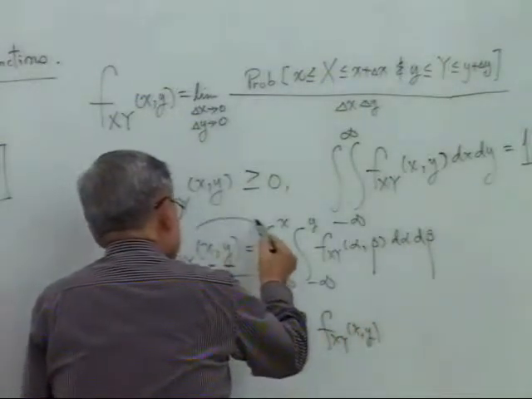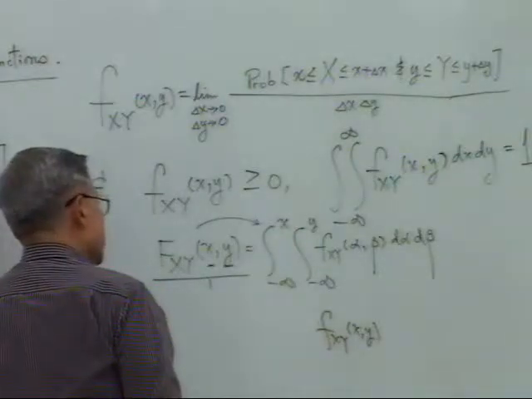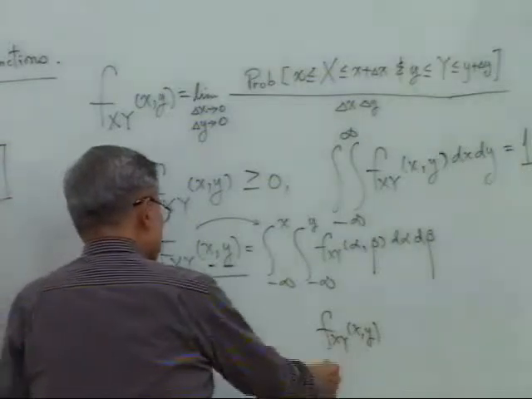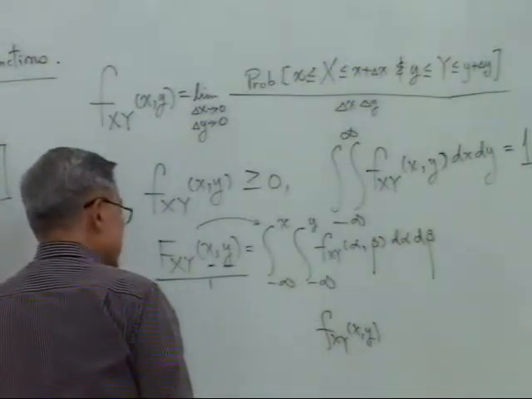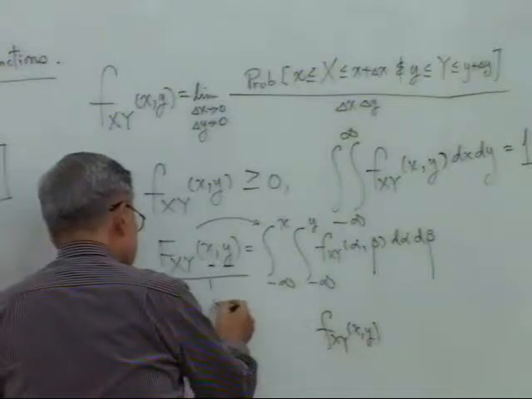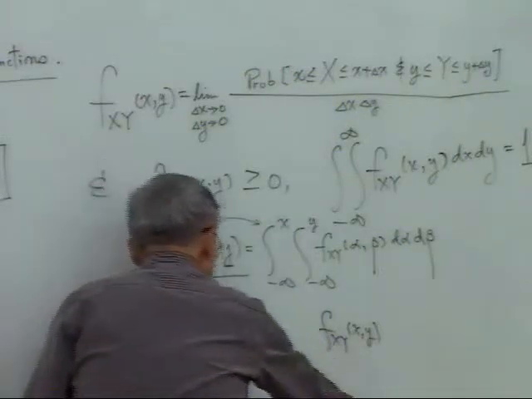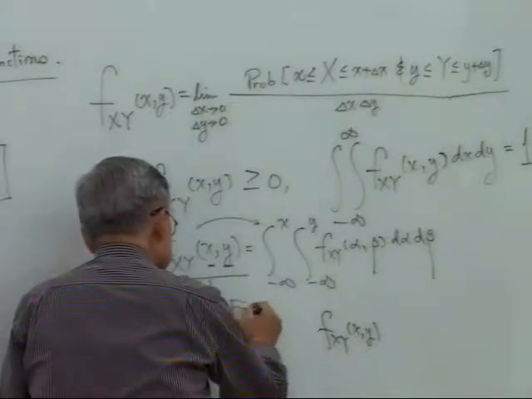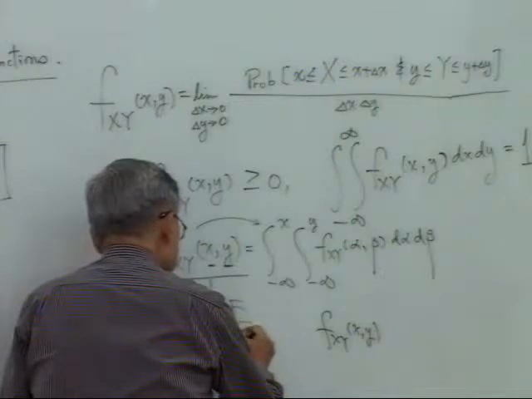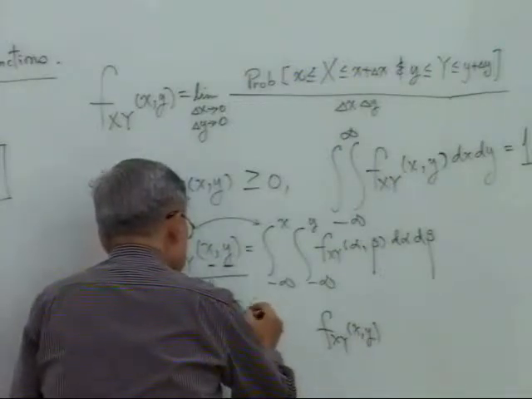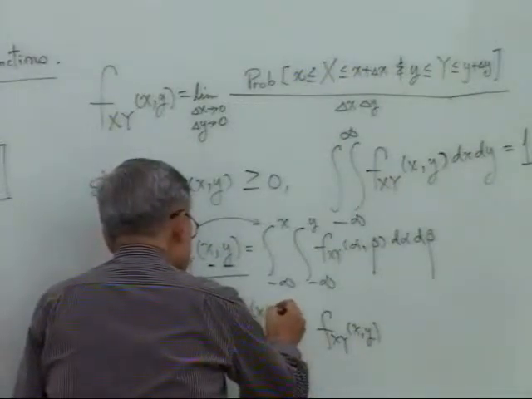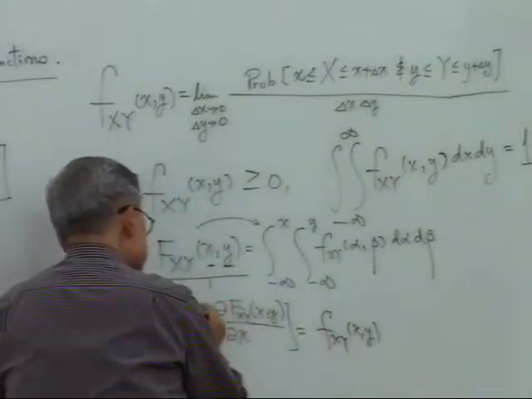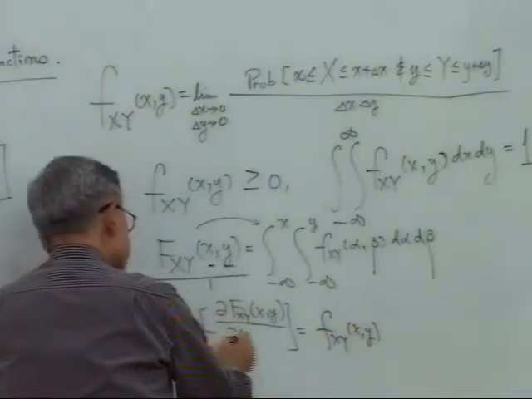You did integration to get the capital F XY, and to get the density function, you can differentiate, once, then twice.